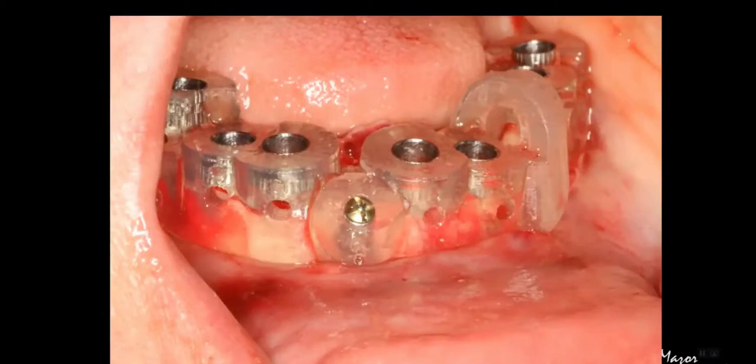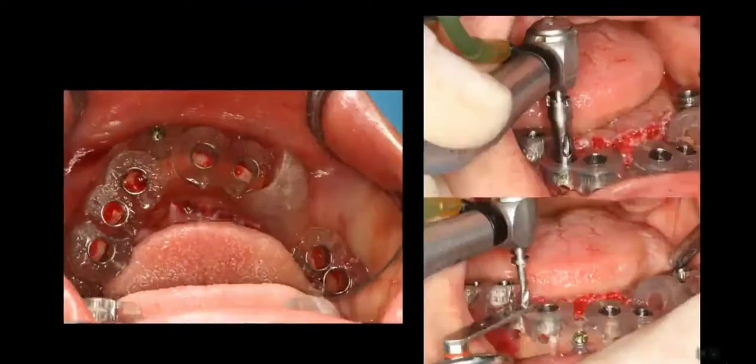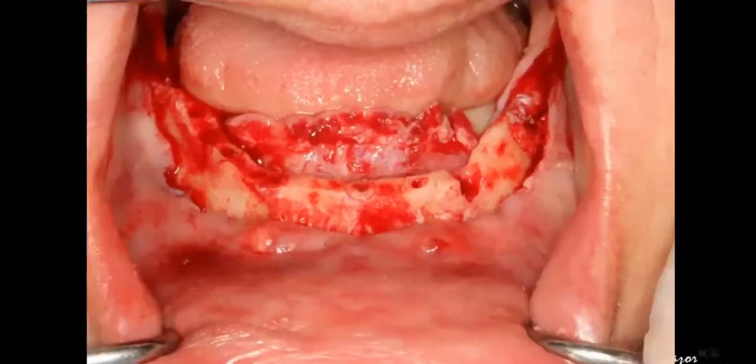Now the surgical guide is seated, and we can start drilling through the surgical guide. And of course, after taking off the guide, you can see how accurate those drillings are. And that tells us that the plan and the execution are accurate.